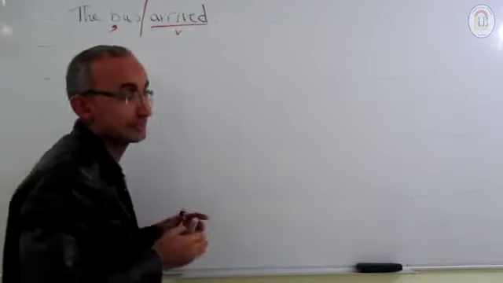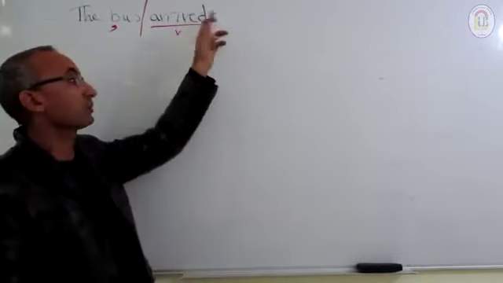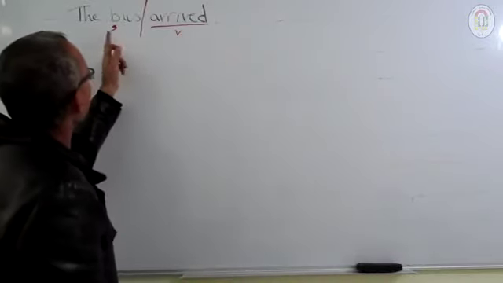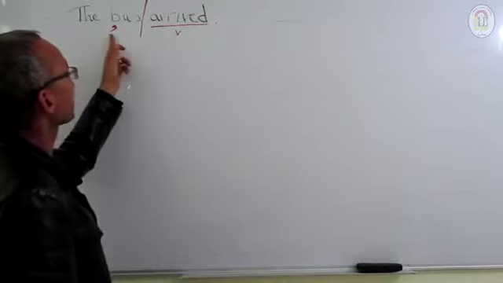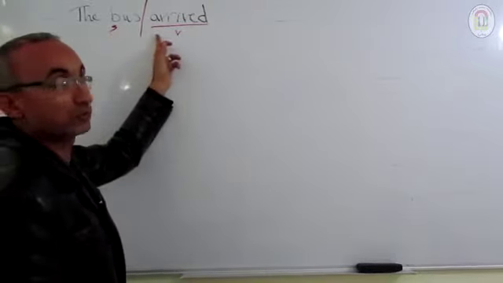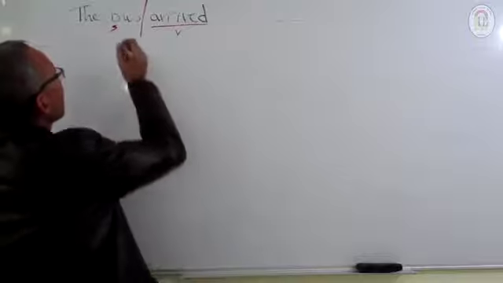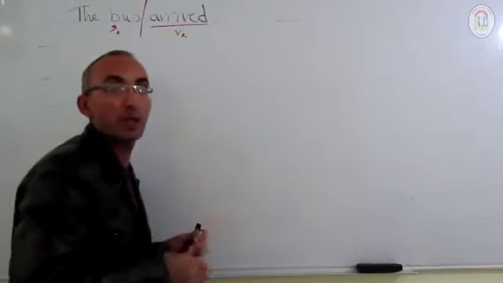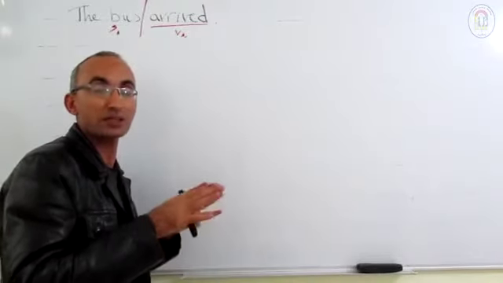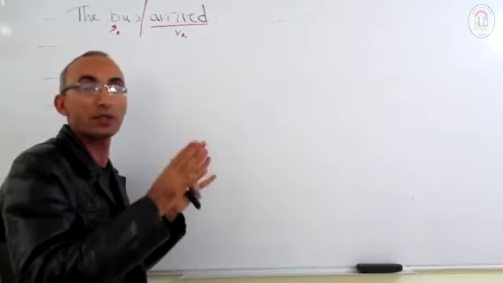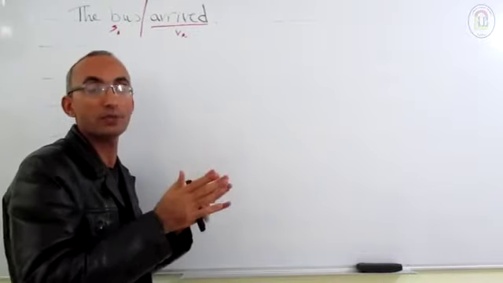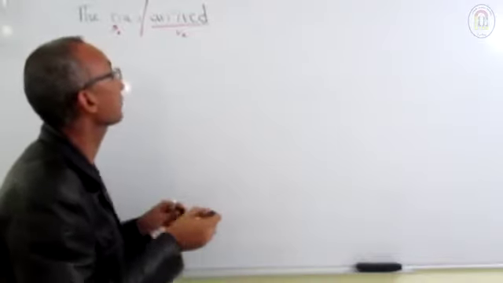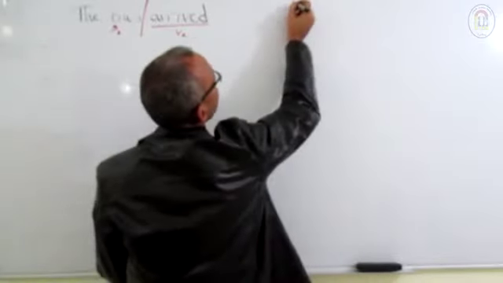Of course, as this verb needs no object, it's an intransitive verb. Now, here I have only a subject plus a verb. One subject and one verb. And if you remember in the previous patterns, we also said that all the patterns which contain only one subject and one verb belong to the simple sentence. So our first example is a simple sentence.